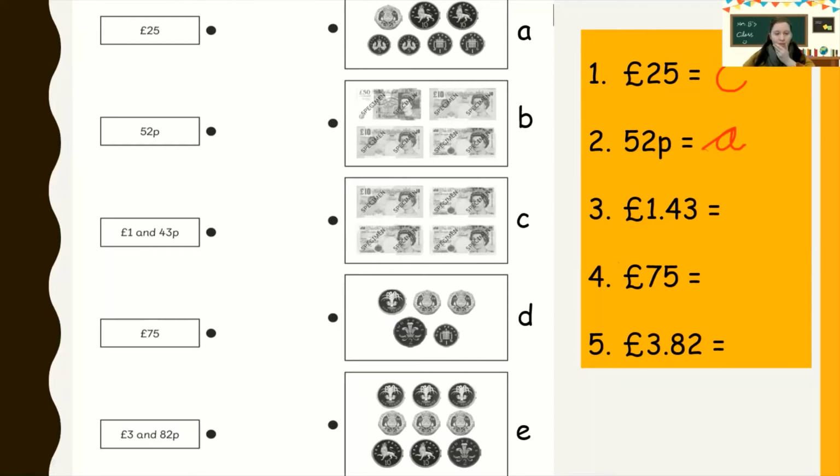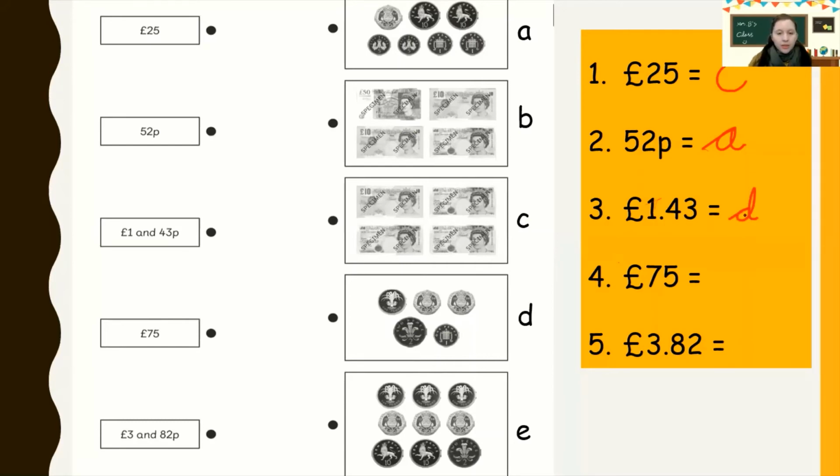Double 2 is 4. So double 20 is 40. That's right. Okay, so we've got £1, 20 and 20 is 40, £1.40, add 2 is 42, add another one is 43. So that's £1.43, and that's exactly what we were looking for. So that is D.